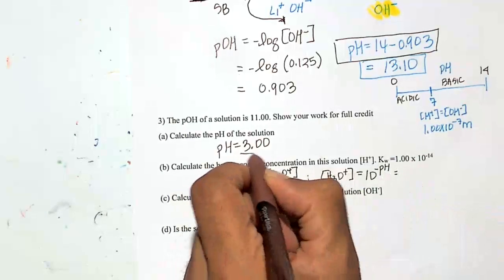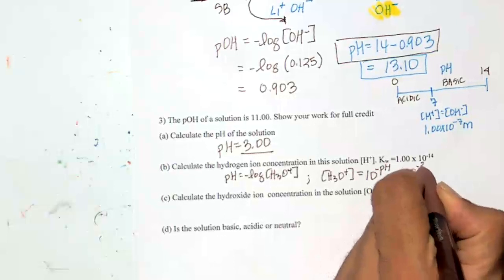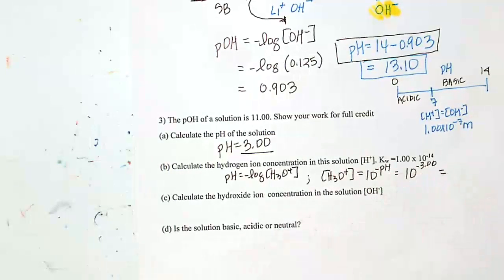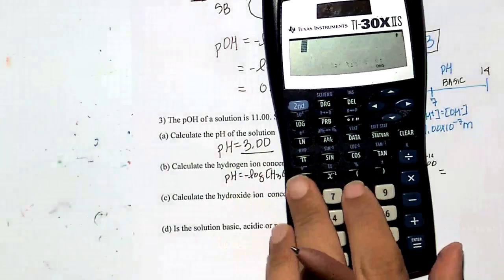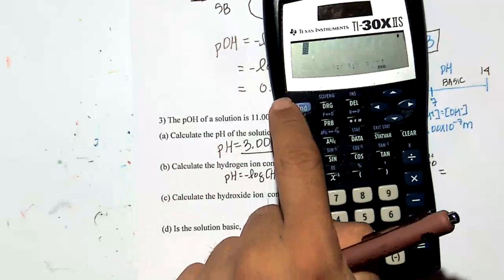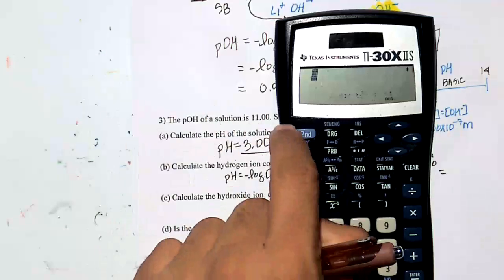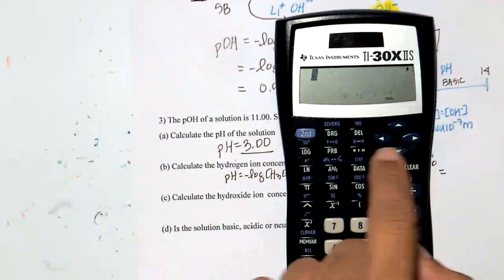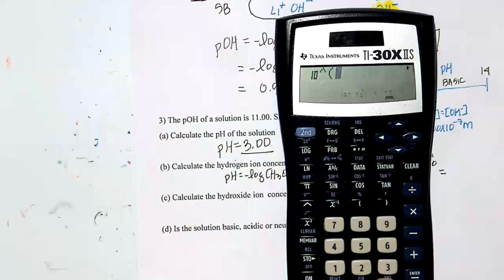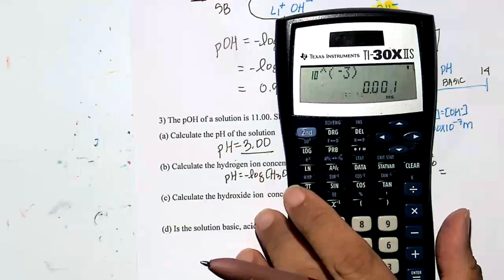The pH here is 3, so it's 10 to the power of minus 3. And what is that on our calculator? 0.001. Look here, I'm doing not log, but shift log, minus 3, which is minus the pH, and it gives 0.001.